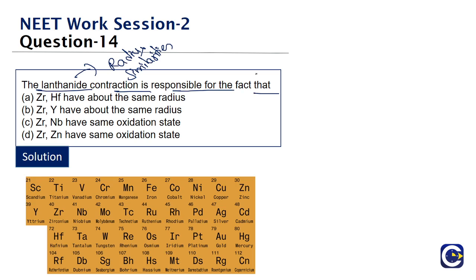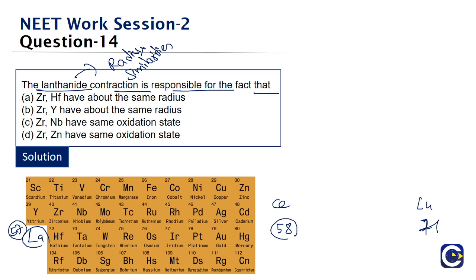So if you look at the lanthanides, where they will come here after lanthanum. Okay, so lanthanum will have atomic number 57, and from 58 to 71 we have cerium to lutetium. So that is the lanthanides, 58 to 71.